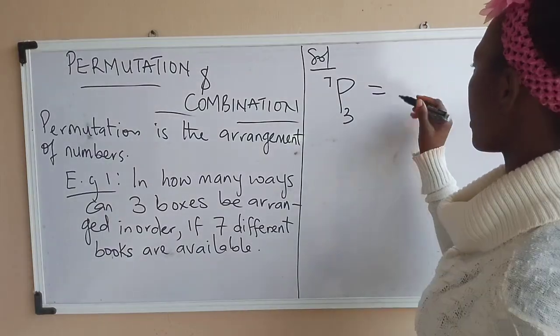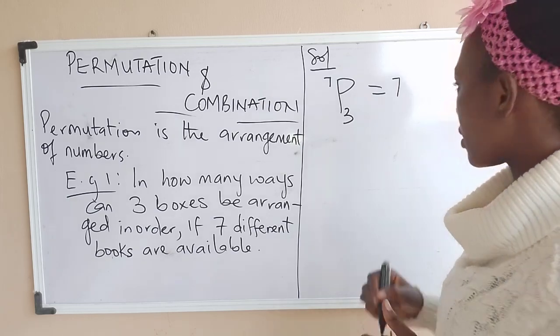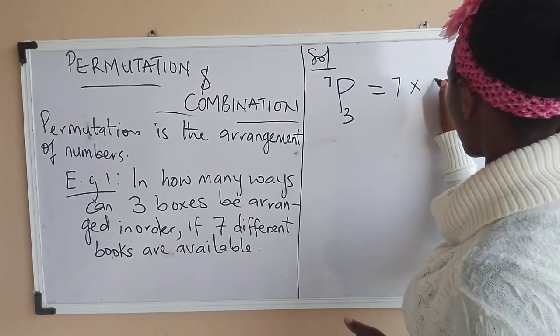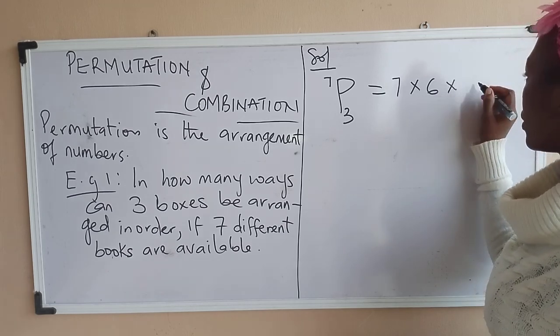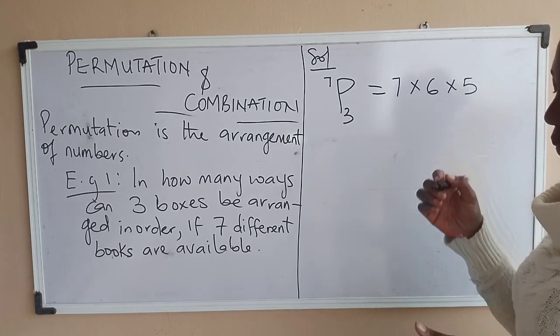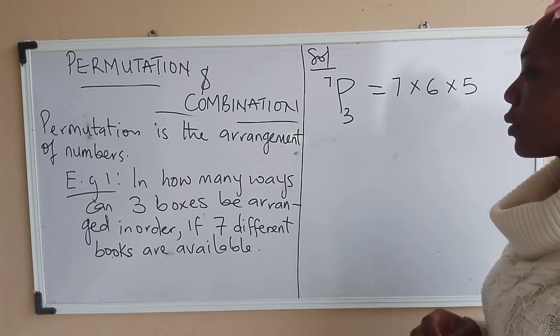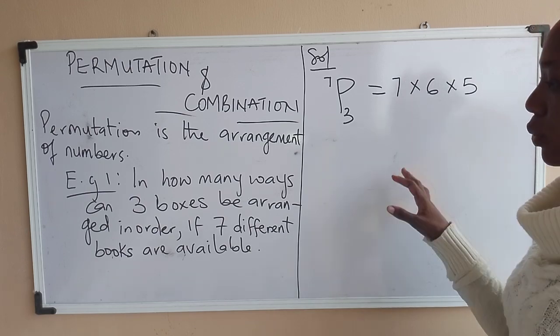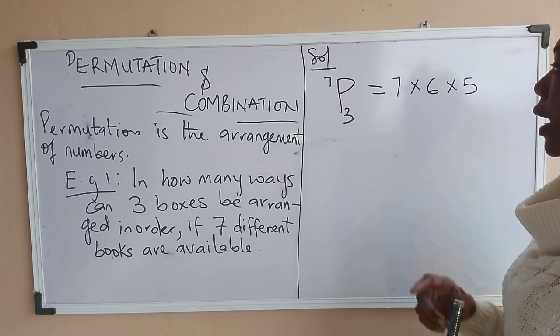So how do we do that? One of the books will be arranged in 7 ways, and then the next one will be left with 6 ways. That's the second box. And then the third one will be left with 5 ways. So these are the 3 different ways that the 7 books can be arranged.